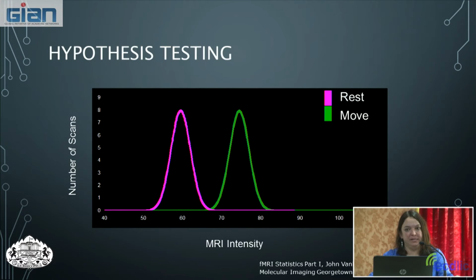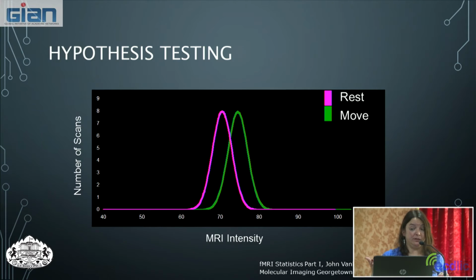Okay, so this is just some basic statistics here with hypothesis testing. So we could have a distribution over time, and this is just conceptual. Say this is a mean and a standard deviation of our intensities as the thumb is moving in the green, and as the thumb is not moving in the purple, okay? So our distributions of the data could look like this with no overlap.